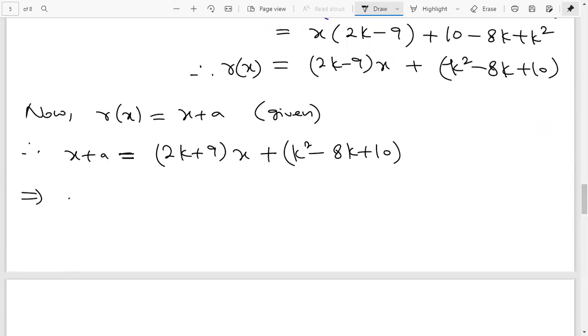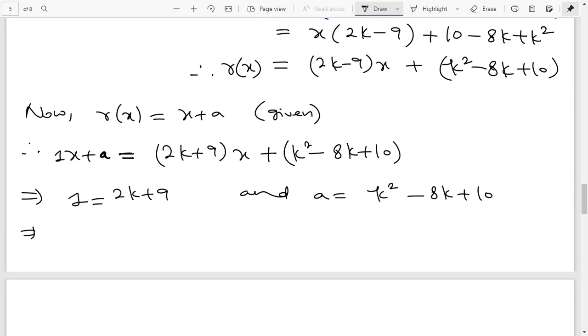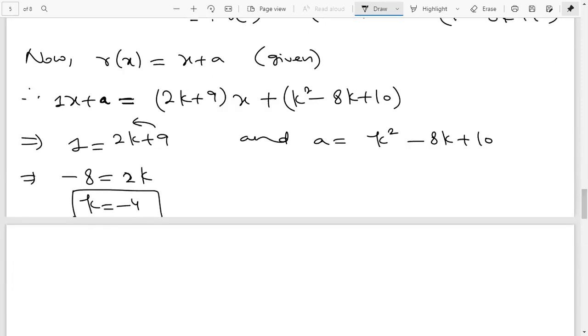Hence we can write 1, because the x coefficient is 1, is equal to 2k minus 9, and here we have the value a. So we can write a equal to k square minus 8k plus 10. So from here, this term will come to the left hand side. So 1 plus 9, that is 8, equal to 2k, so k equal to 4.